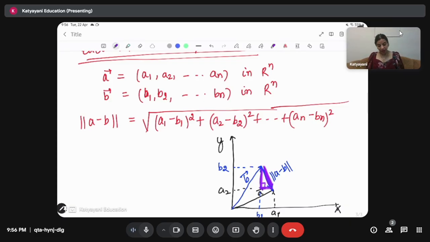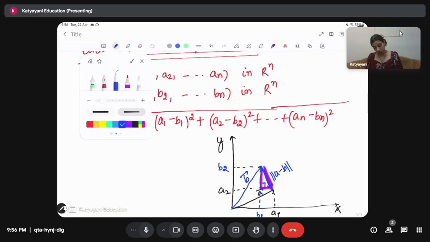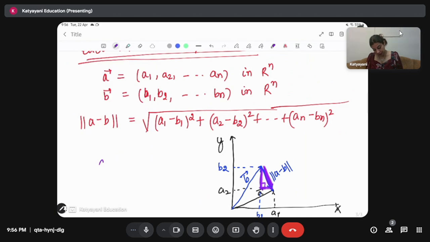So again when I have to find out A minus B here, from here you can see that A minus B norm, right? Which is the length of the vectors, of difference of vectors, which is equal to, perpendicular here is A2 minus B2.